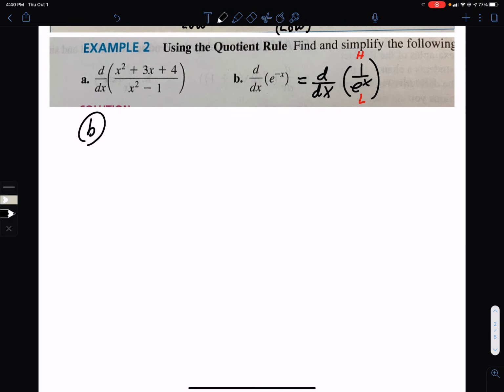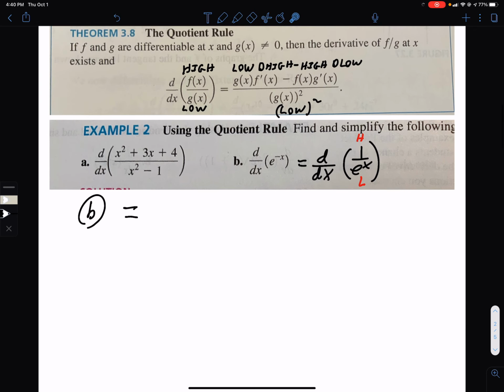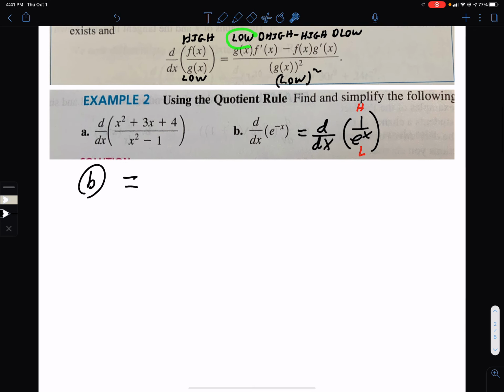So the derivative for B will be low, so I copy e to the x. There's my low. And then d high, well, what's the derivative of 1? That's a constant, so that derivative is 0.